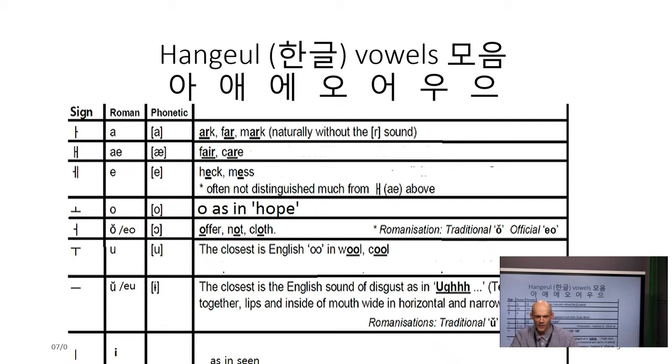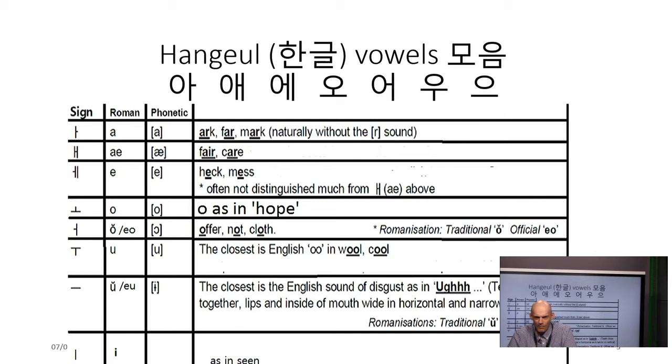Starting from top to bottom, let's pronounce these vowel sounds. Just bear in mind that the English word that's given there is just a guide. It's not 100% accurate. It's just a guide to give you a rough idea of how to pronounce these vowels if you're not familiar. So start off at the top.